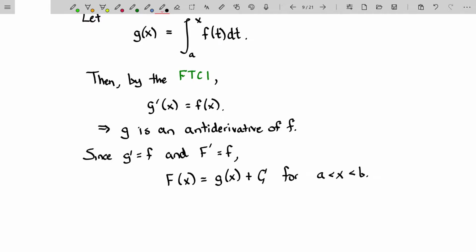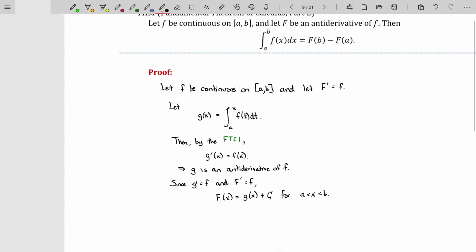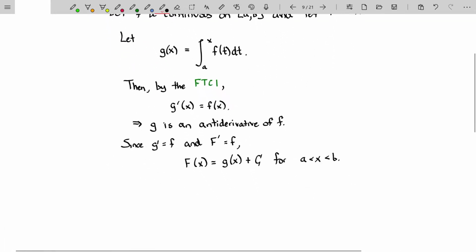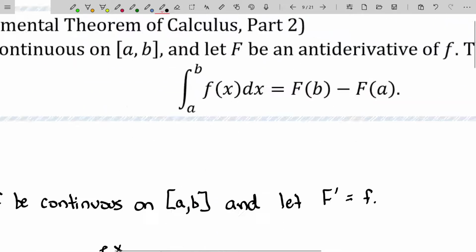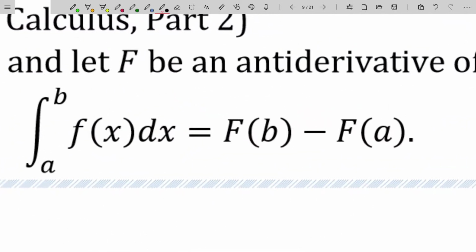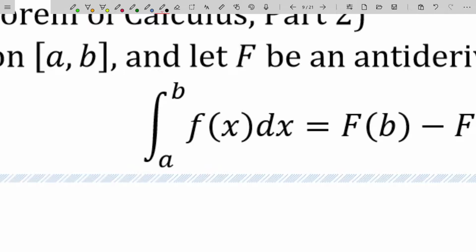Now it's time to go to work and actually prove the theorem. We're going to start with capital F of b minus capital F evaluated at a. I'm doing this because I want to prove that that difference is going to be the integral from a to b of f of x dx.